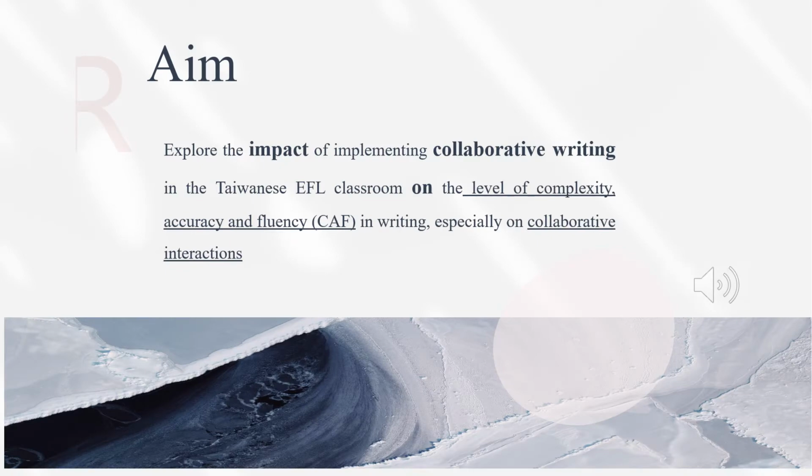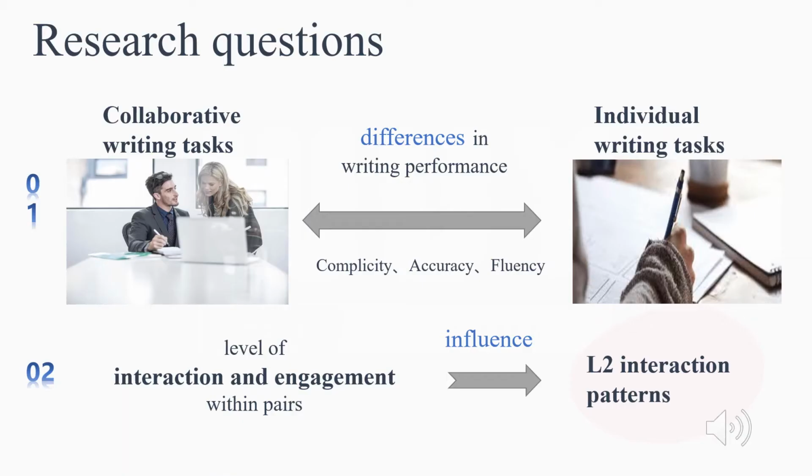Therefore, this study aimed to explore the impact of implementing collaborative writing in the Taiwanese EFL classroom on the level of complexity, accuracy, and fluency in writing, especially on collaborative interactions. There are 2 research questions. The first one is, what are the differences in writing performance between collaborative and individual writing tasks?